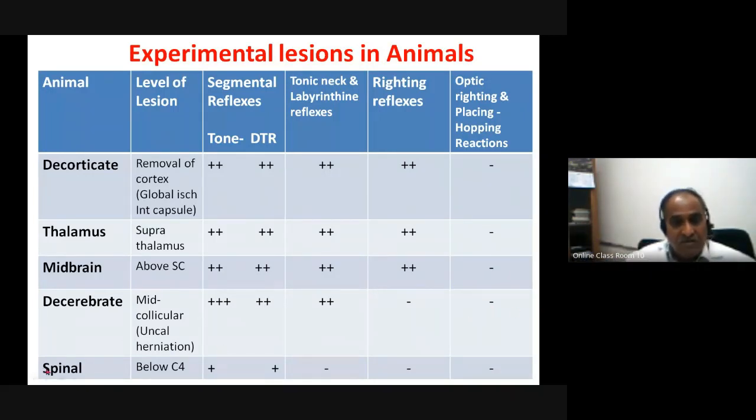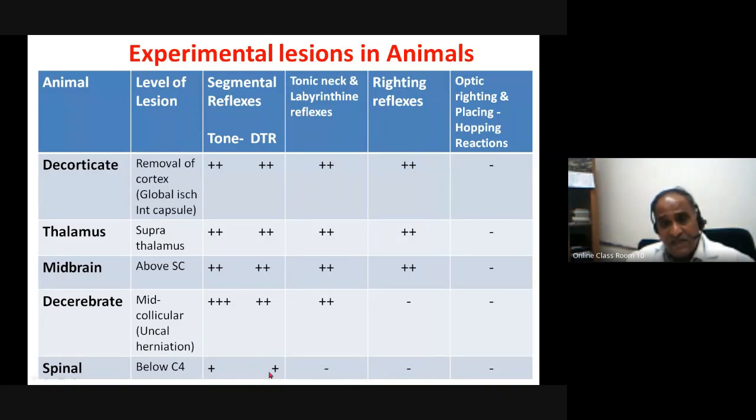Now, in the spinal animal, below C4, you may get exaggerated responses, depending upon two things: at the level of the lesion, and below the level of the lesion. At the level of the lesion, this is a lower motor neuron lesion, so all things are absent. Below the level of the lesion, muscle tone is slightly increased, which only happens after the spinal shock.